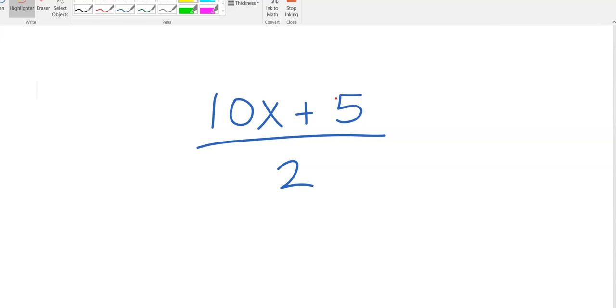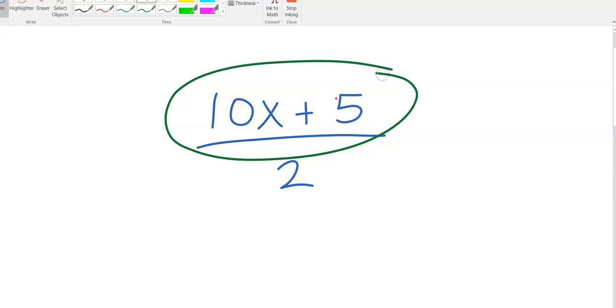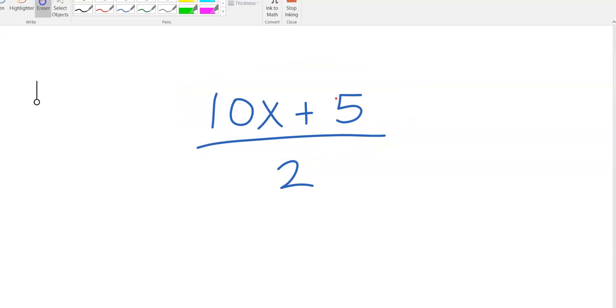And I'll always check for that, but if nothing goes into all three parts, just isolate the numerator or the denominator and see if something goes into just the numerator. So if I'm looking at just the numerator, 10x plus 5, does something go into 10 and 5? And yes, it does. I can take out a 5. Both of these are divisible by 5.